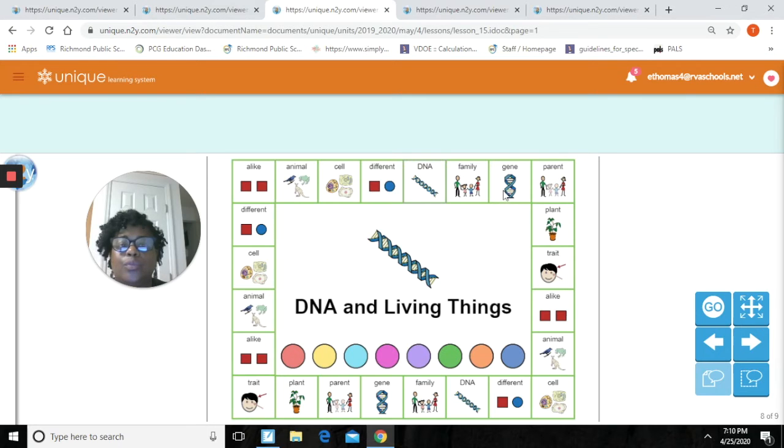Gene. Repeat that word. I want you to pay close attention to the pictures too that are associated with the word as well. They'll help you to understand the words and the story itself. Trait. Repeat that word again. Trait.